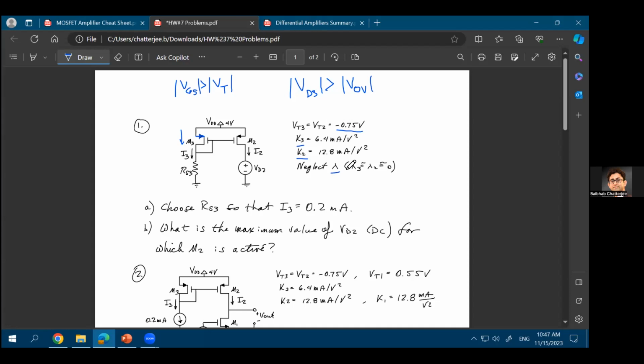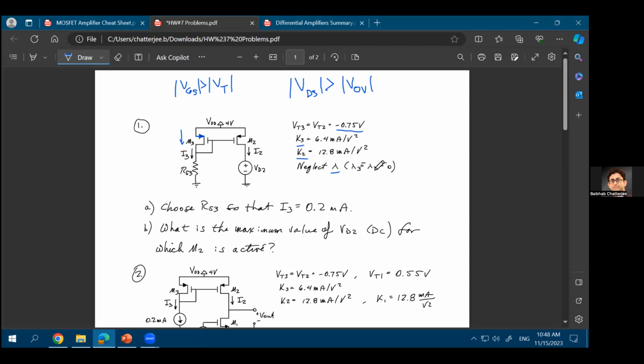You're asked to neglect lambda for now for the first question, which means that you don't have any channel length modulation and your R out is infinity. Remember, R out, or the output resistance of the transistor, or the drain to source resistance of the transistor, is equal to 1 upon lambda ID. That is a formula you'll be using for, I think, question number 3, where lambda is given to be a non-zero value.